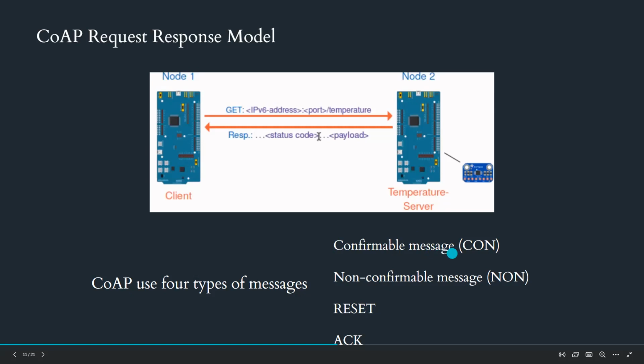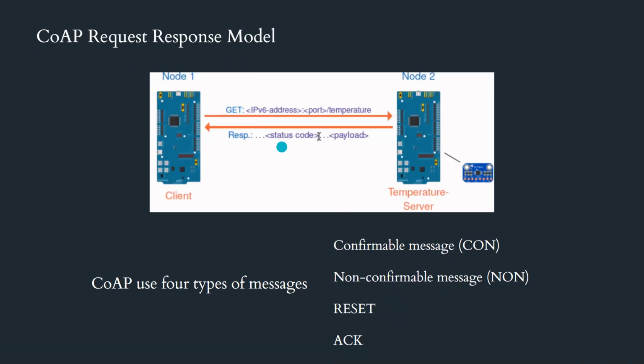So in there, we have different ways of reacting to the received message, right? So as I said before, CoAP uses the request response model, right? So in here also we have the GET method, just like HTTP, to receive information, right?